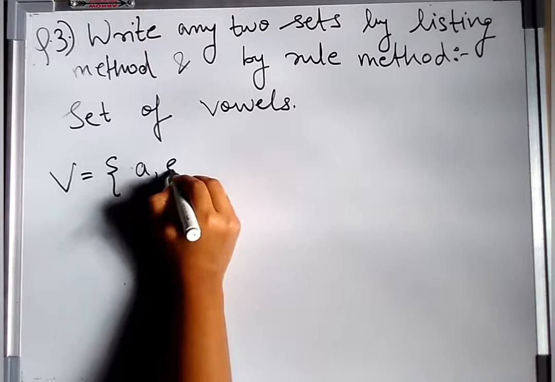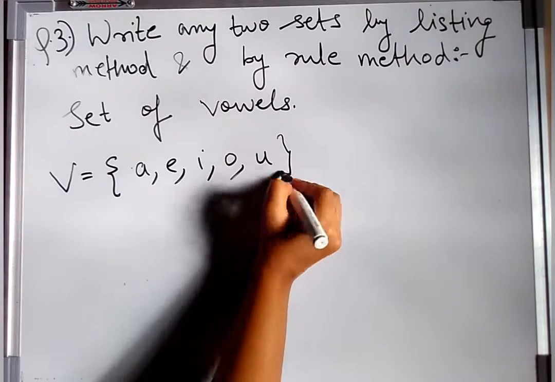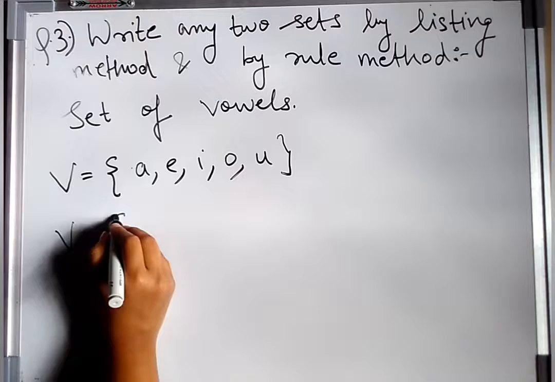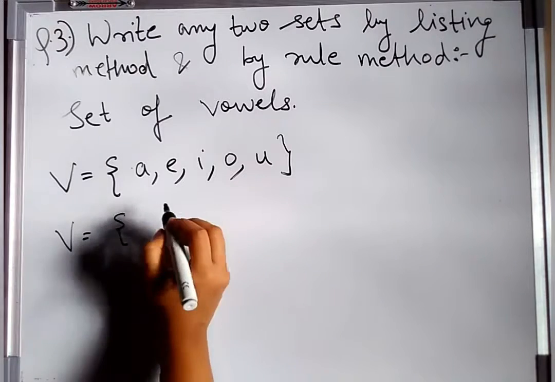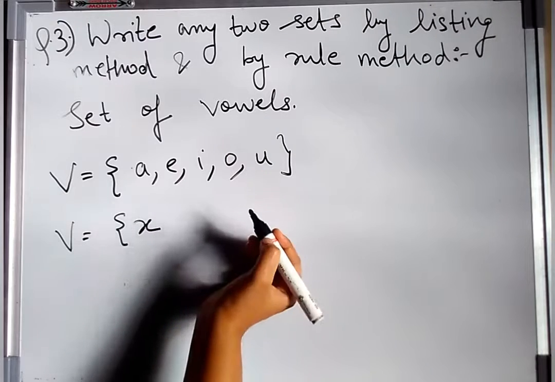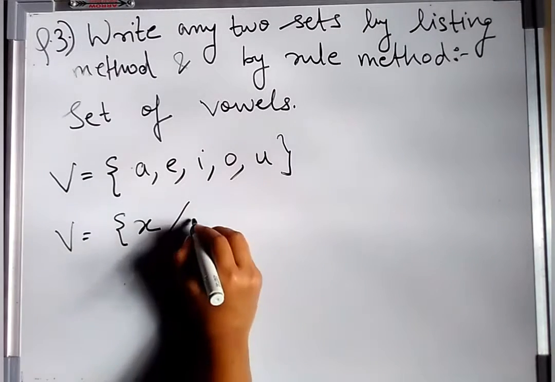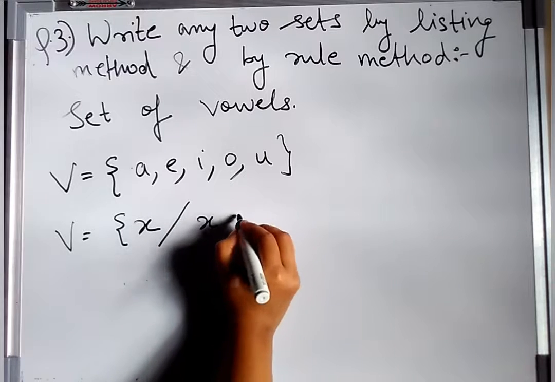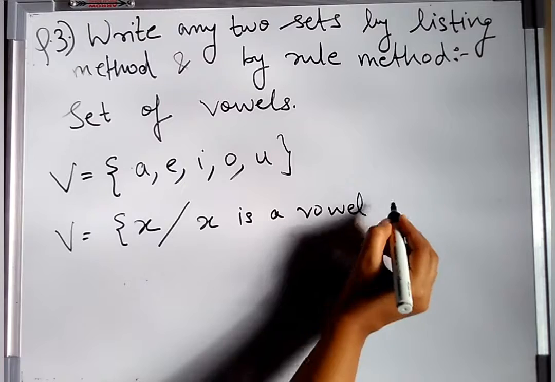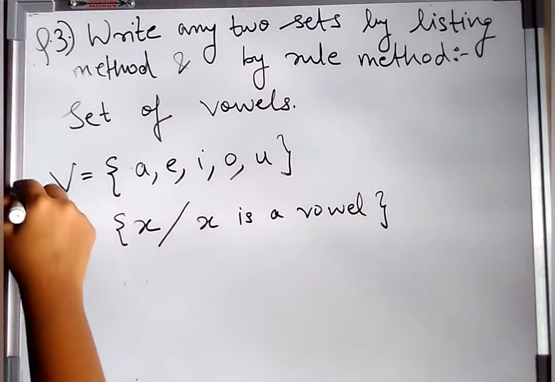A, E, I, O, U. And how do I write it using rule method? I will use a general term for the elements of the set and then I will write the rule that term has to follow. X such that X is a vowel. Okay, so this is one example.